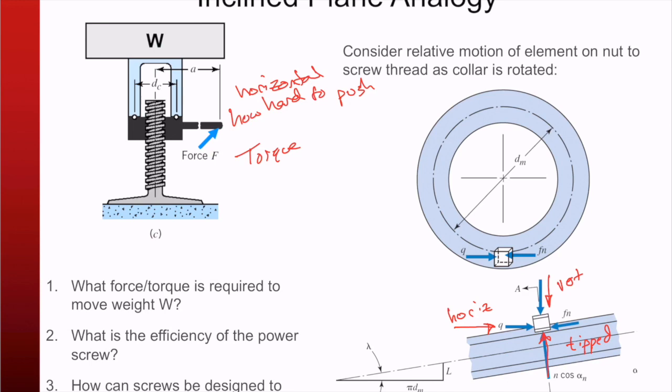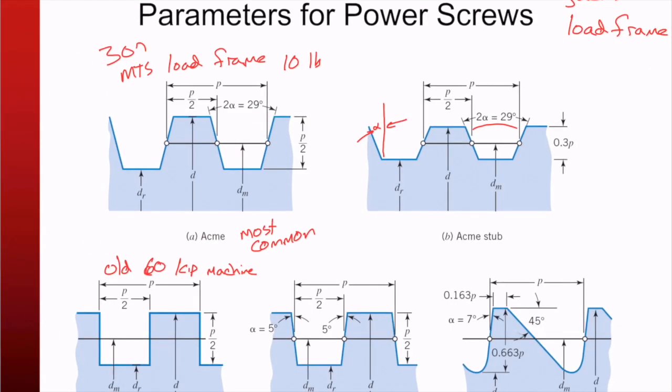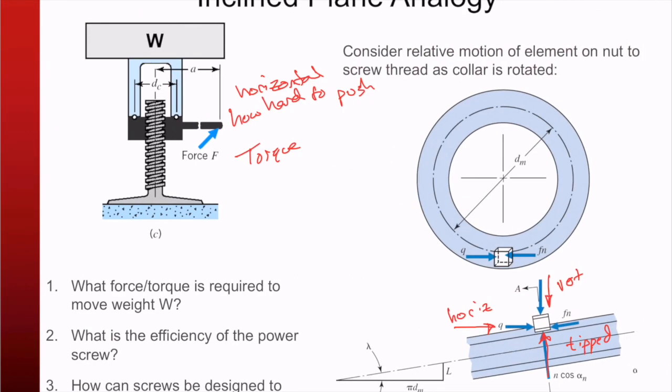So we're going to have to account for that, right? But it gets worse if we go back and said, this would be square threads here. But in reality, most of the time we're using Acme threads like that. So I've got to take a closer look at how this stuff works here.